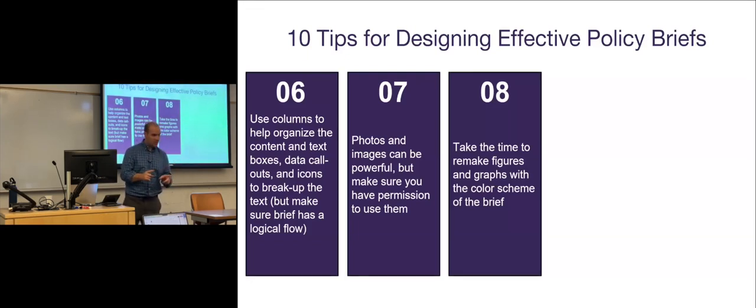The resolution gets thrown off. Oftentimes, it's not set up for that type of medium. And so taking the time to do this, even if you're approximating it a little bit, as long as your graph is clear and accurate, you never want to be misleading, but you don't have to have the same level of detail that you would in a graph in a peer review manuscript. So as long as it's clear and not misleading, I think it's really helpful to remake that, and I'll show you how to do that.